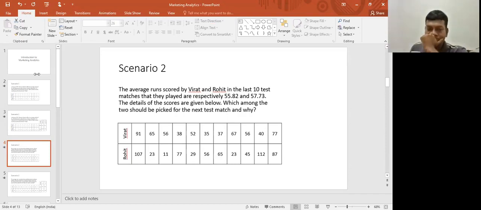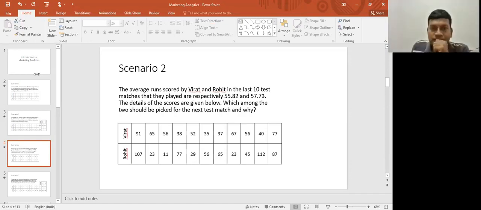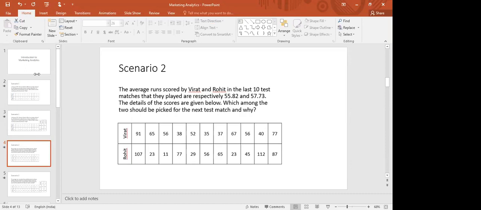And also we can use the 5-point summary to see how spread out the values are around the median. So these two things can indicate how narrow the range is around the mean or the median, and the shorter the range is, the more consistent it would be.